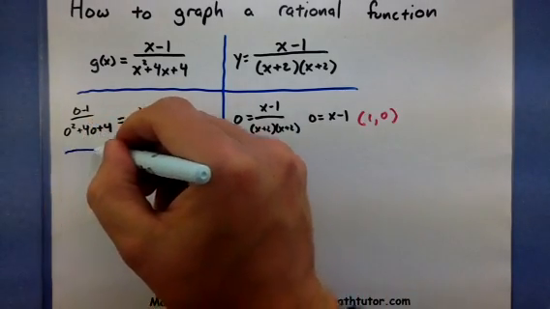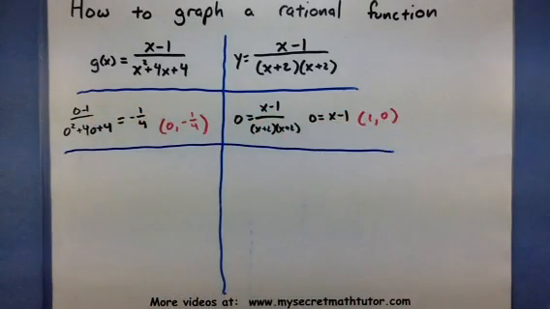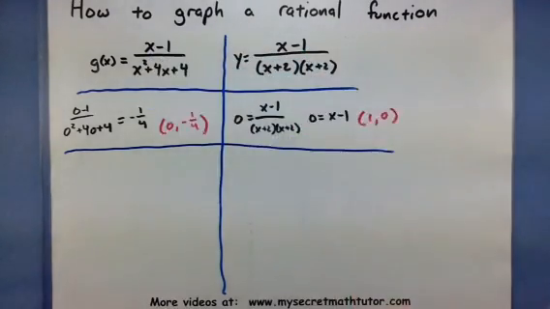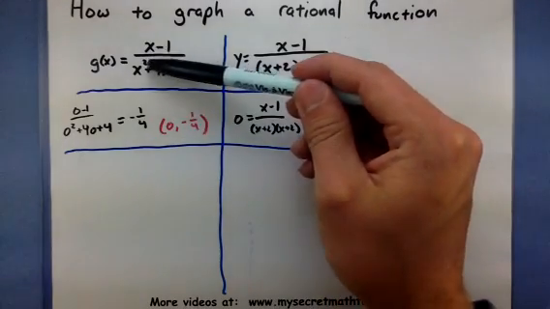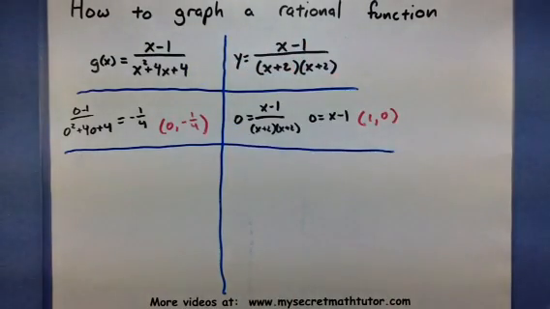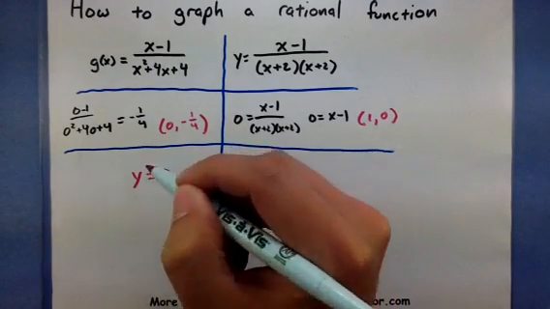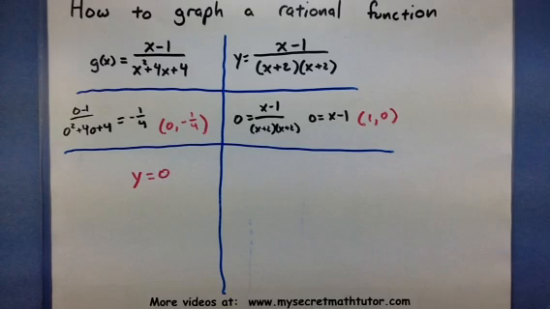Alright, on to finding some asymptotes. For the horizontal asymptote, compare the power in the top and the bottom. If the top power is smaller than the bottom, like it is here, so 1 versus 2, you can say that it has a horizontal asymptote right at y equals 0. Now let's find the vertical ones.